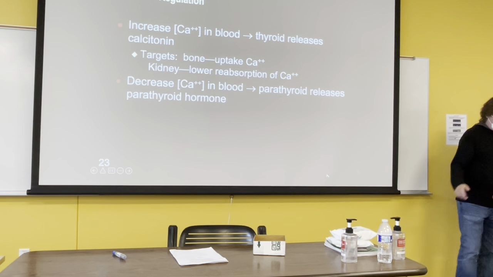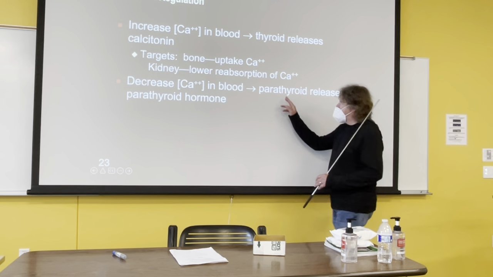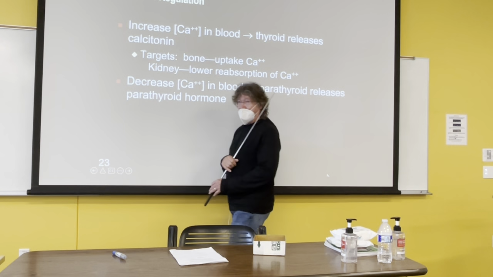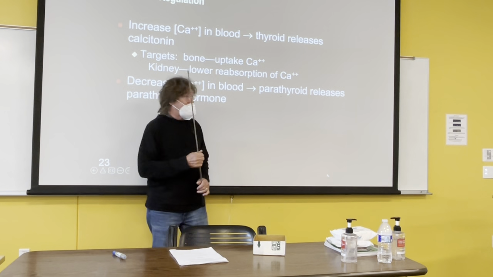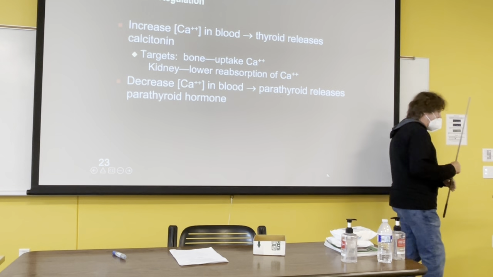If on the other hand there's too much of a decrease in calcium, that stimulates the release of parathyroid hormone. And parathyroid hormone has the exact same targets, but does exactly the opposite.